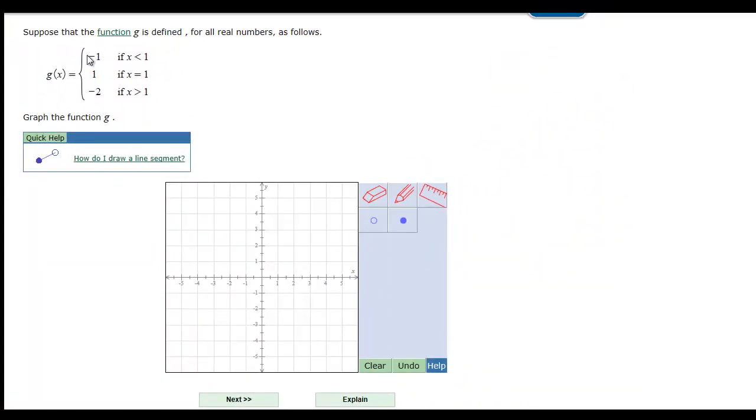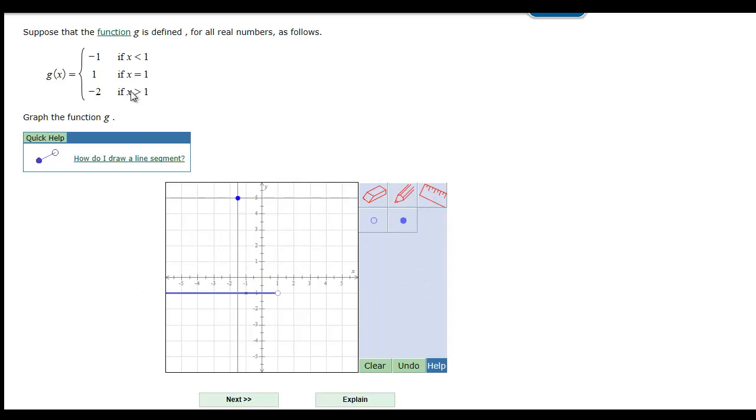All right, so when x is less than 1, you have -1 y coordinate. And everything under will also have -1 coordinate. So it's going to be a ray starting at 1, -1, and going left.